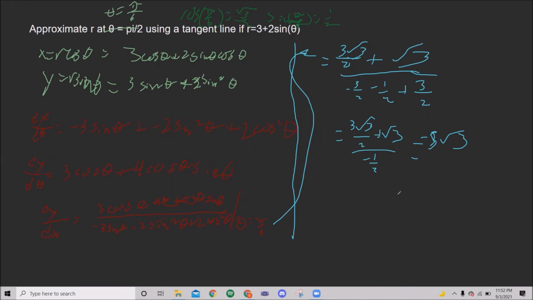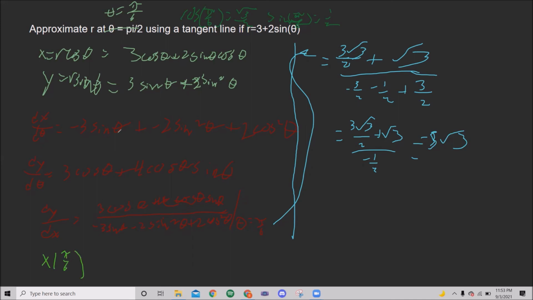So at this point, we have our slope for the tangent line at theta equals pi over 6. From here on out, we just need to find the value of x at pi over 6 and the value of y at pi over 6. And then from there, we can plug all three unknown variables into our standard formula to get the polar tangent line. I'm going to write our x at pi over 6.